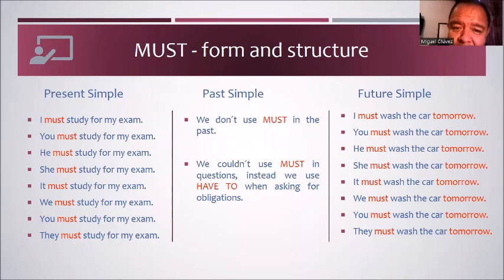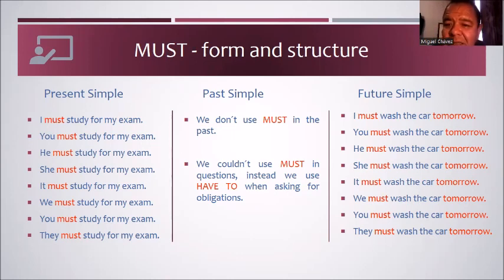Another aspect that we need to take into account with must is that we don't use must in questions. Instead, we use have to when asking for obligations. Must is not commonly used in questions, but we can use it in future. How are we going to check that must is in future? Because of the time expression.